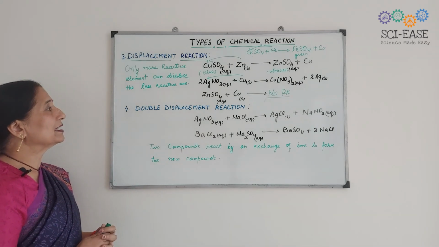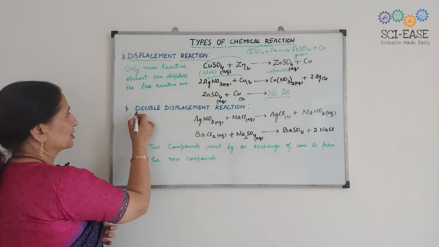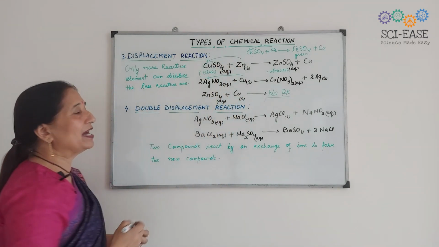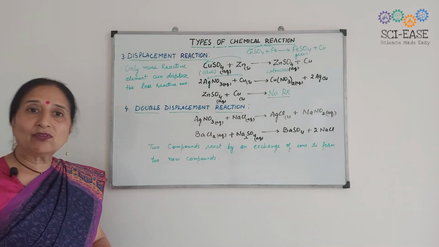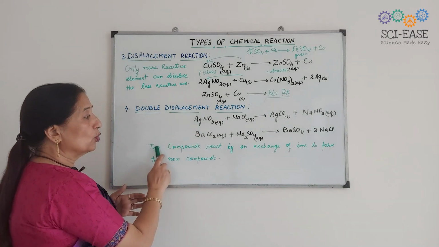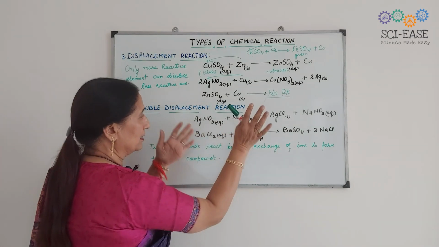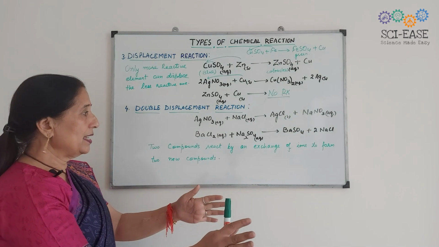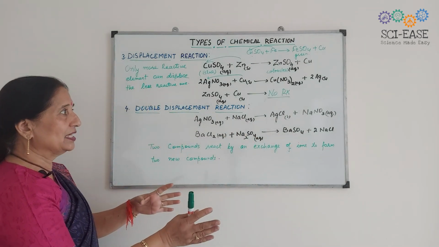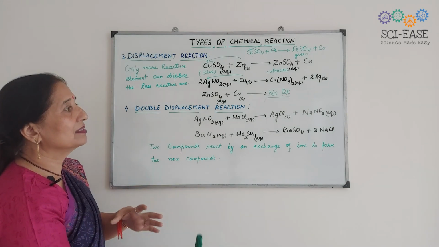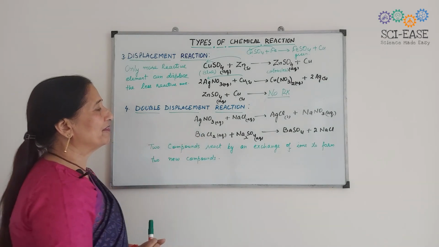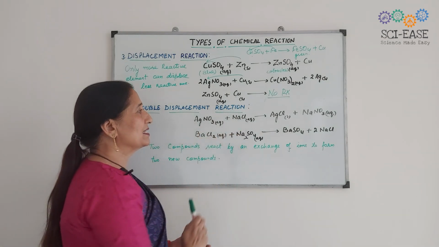Now next, the fourth category is double displacement reaction. Here it was only one element that was displaced by the other. Here two compounds are taken in their aqueous form, and an exchange of ions will take place and that will result in some other compounds. Take the example of AgNO3 and aqueous NaCl.